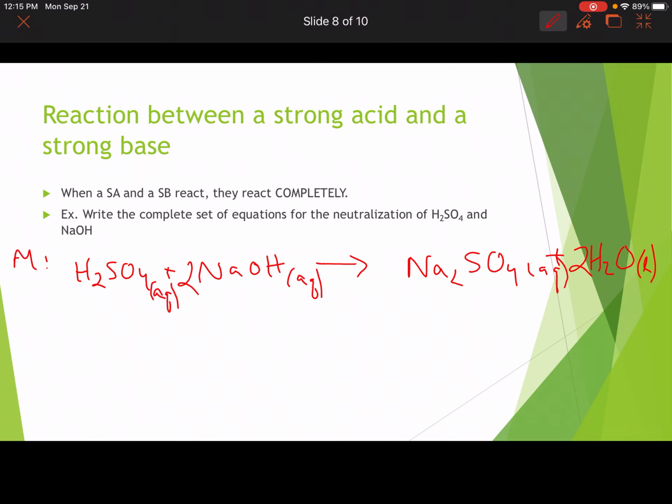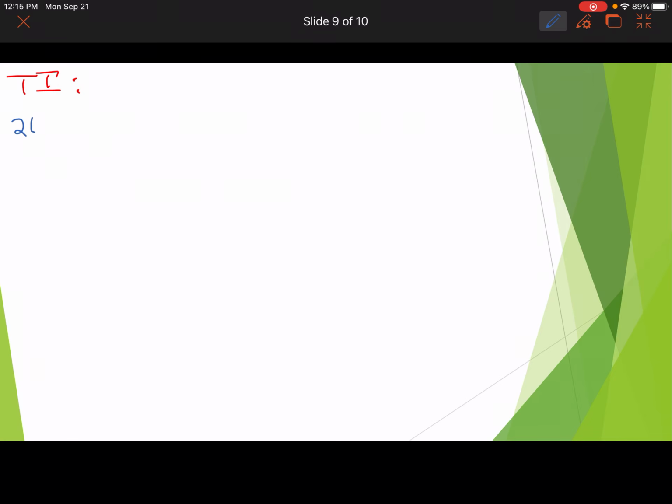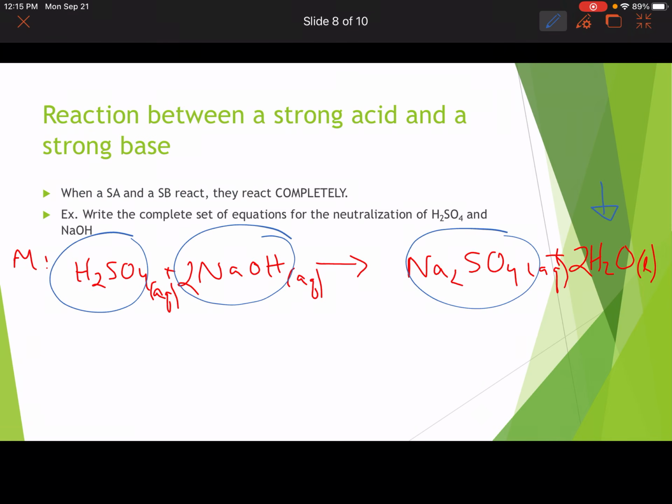My next step is going to be the total ionic. So total ionic. Here I'm just going to break them apart into their ions. So anything that's aqueous gets broken apart. So that means I'm going to break this one apart, and this one. The water does not get broken apart because it's a liquid. That's the pure substance, okay? So H2SO4 is first, so 2H plus aqueous plus SO4 2 minus aqueous plus, and then I have NaOH.